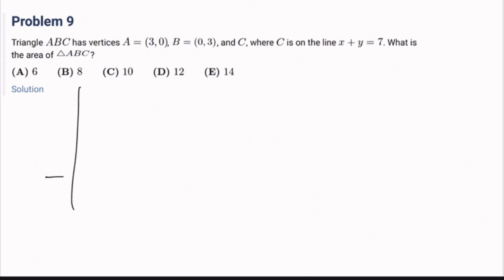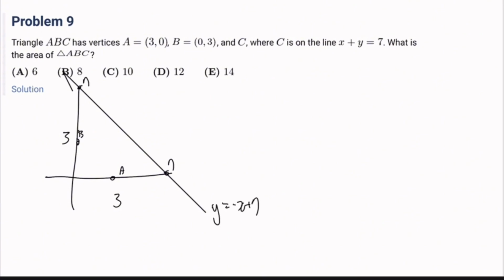And so if we just draw this, and this is A and this is B, so this is 3, this is 3, so this is A and this is B. And C is on this line like that, so this will be 7, this would be 7, because this is Y equals negative X plus 7. Since it doesn't really matter where C is at, let's say just C is over here, right?